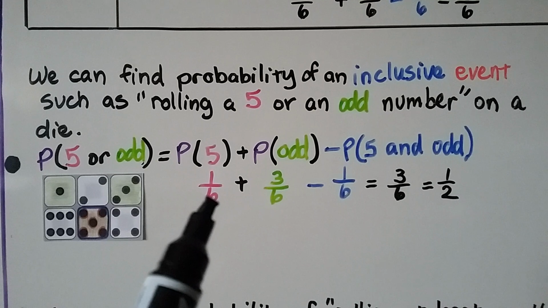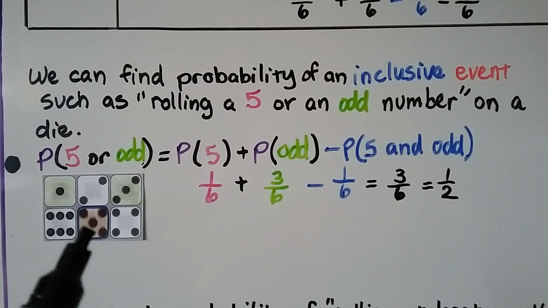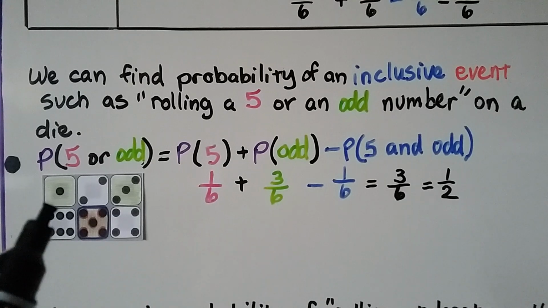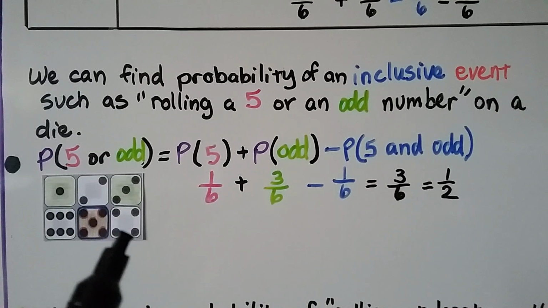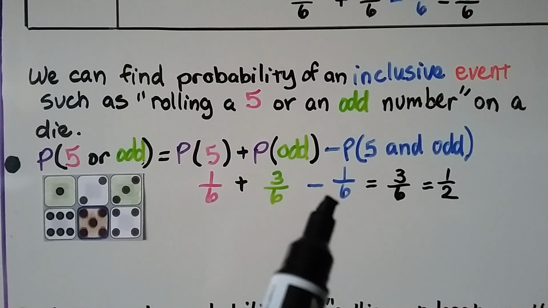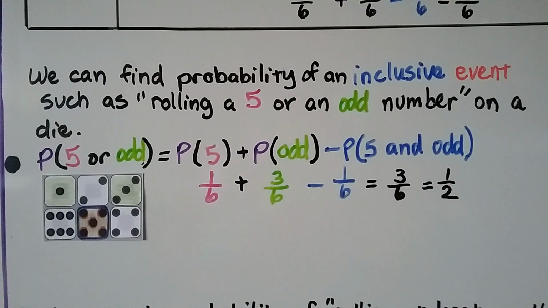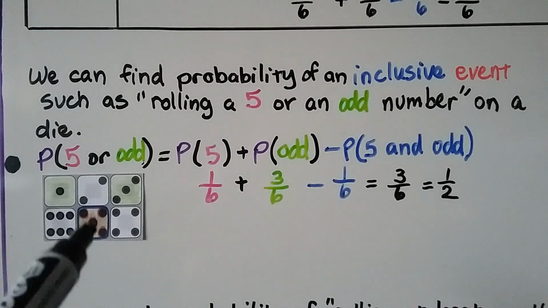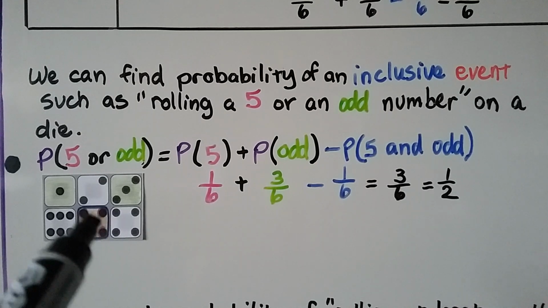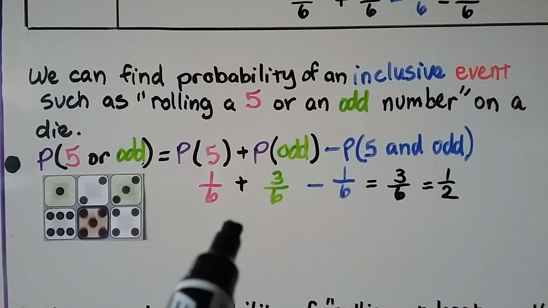So we're going to have 1/6, because there's only 1 out of 6 faces that's a 5, plus 3/6, because there's 3 out of 6 faces that are odd, and we're going to subtract the probability of 5 and odd. That's going to be 1/6. For it to be a 5 and an odd, it can only be the 5. That's 1 out of 6 faces on the number cube, so that's a 1/6.